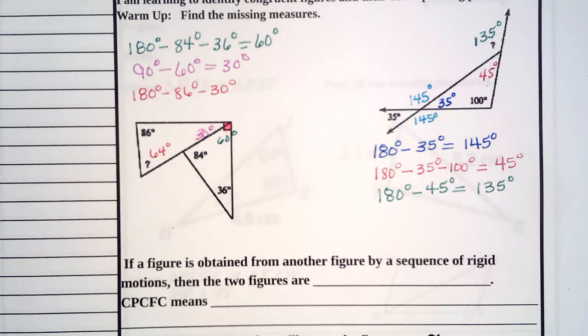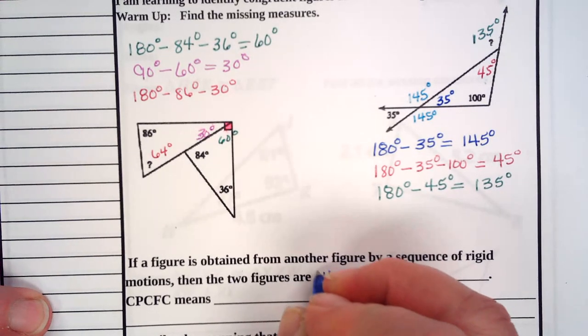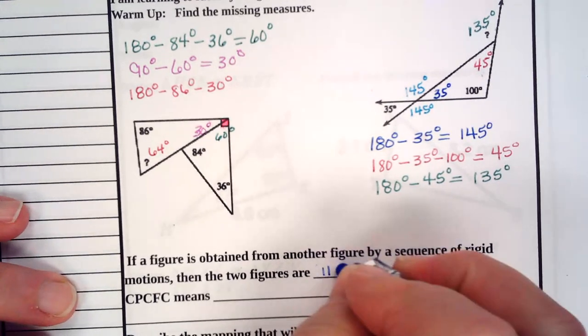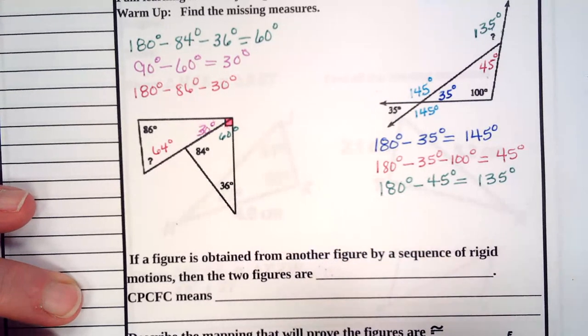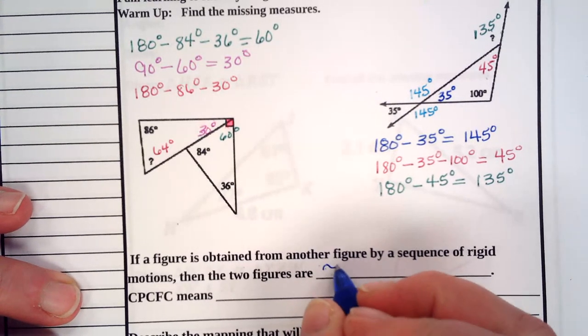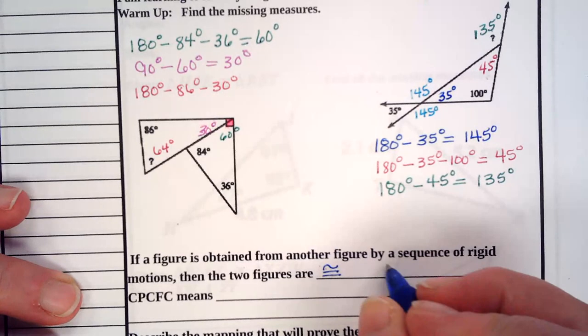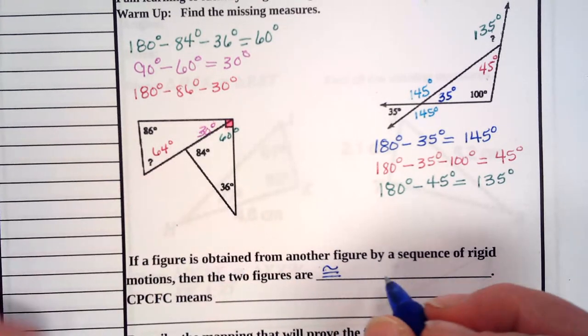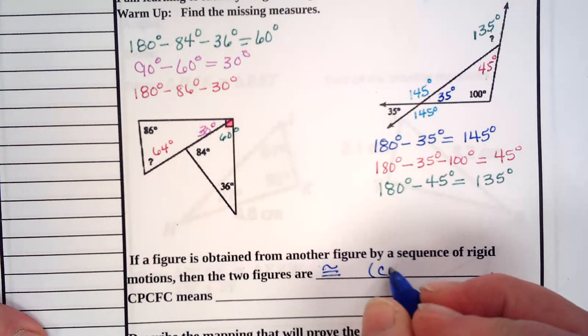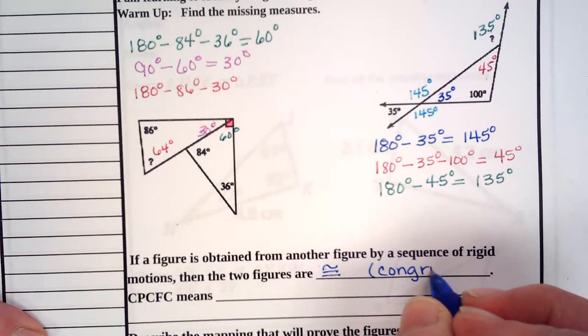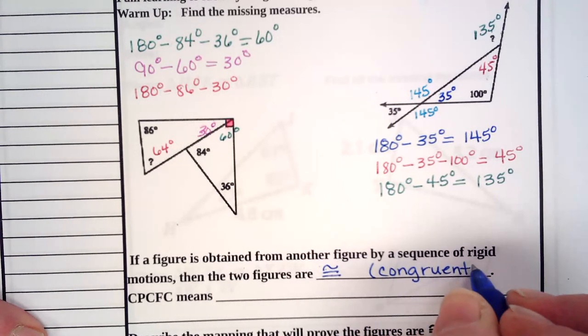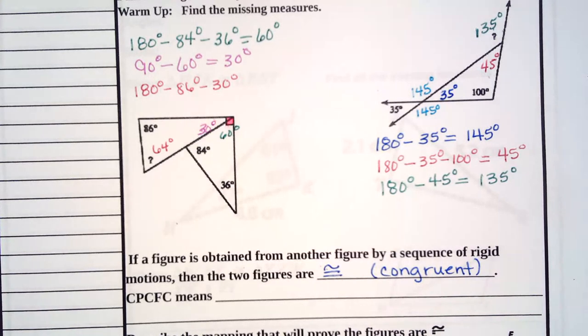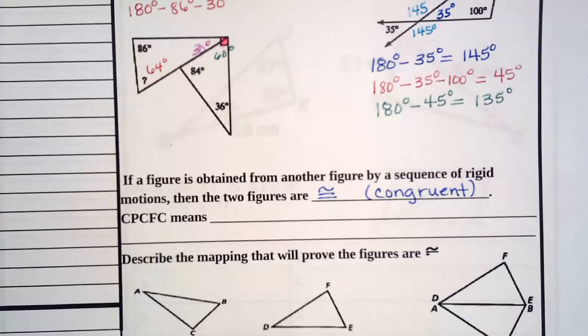So you can take one figure, move it around, and when you place it on top of the other, then they are congruent. Now, we're going to use the symbol, but I'm going to put congruent here so you know, if you don't remember.